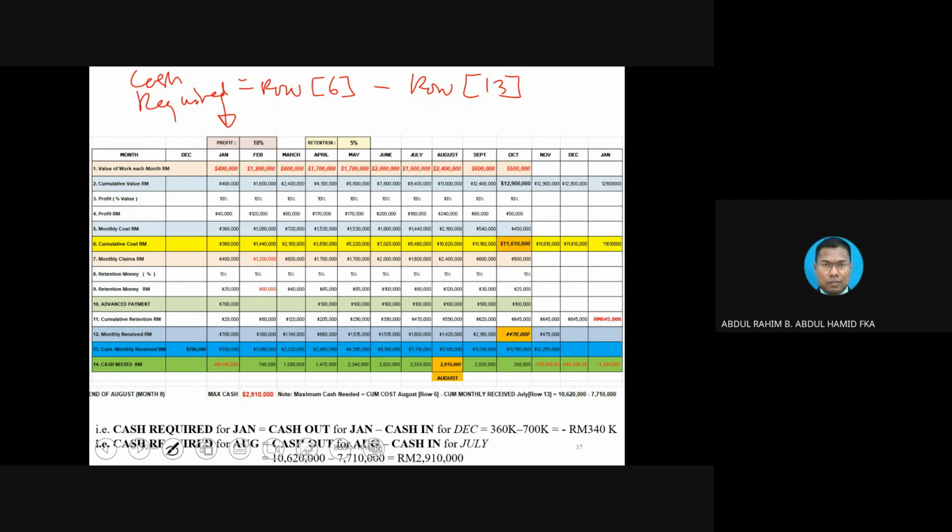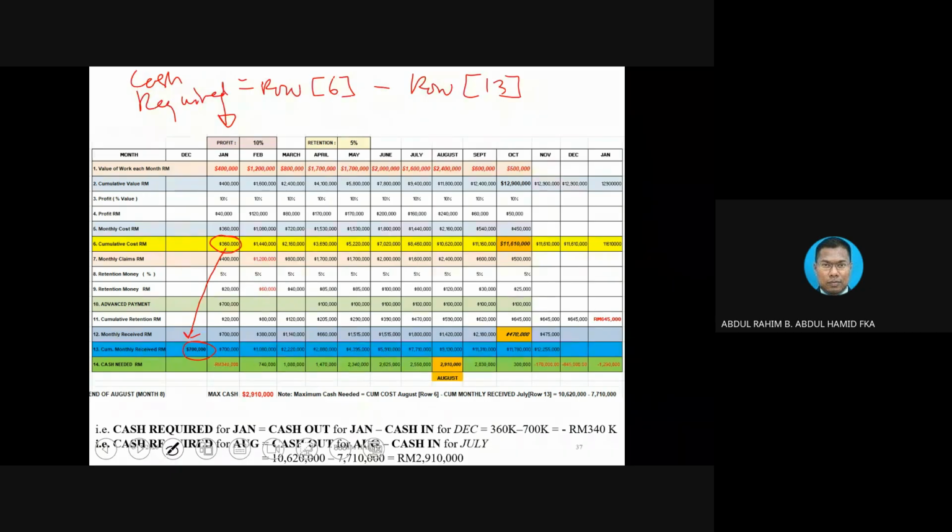But we need to take into account the month. Okay. So for January, 360. 360 is going to be deducted with the money that we have in row number 13 in the previous month, not the same month. In the previous month, actually, here. So that's why I put 700,000 at the beginning so that you can see.